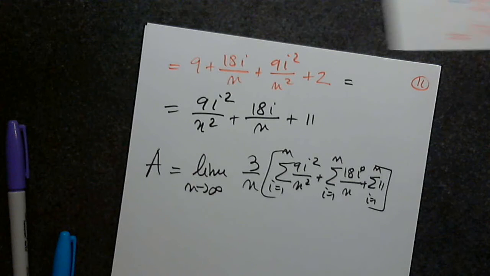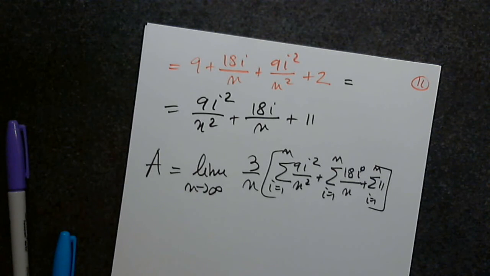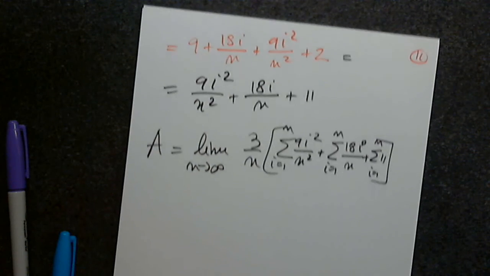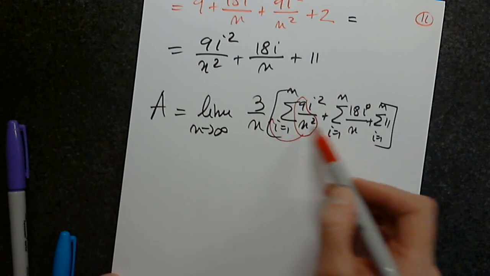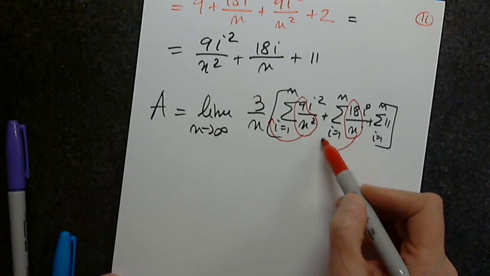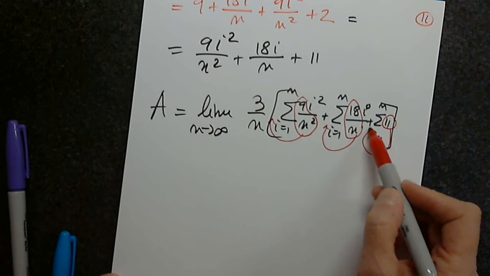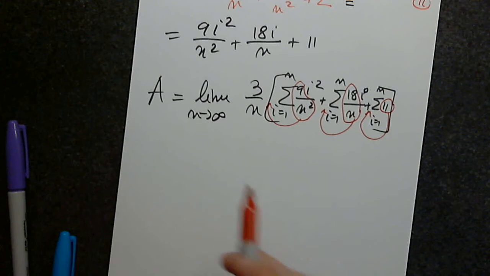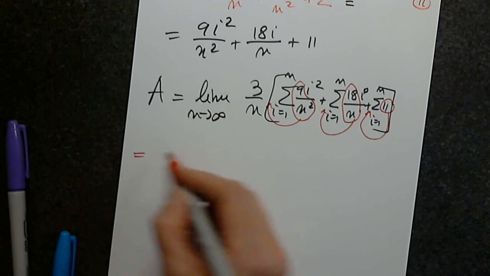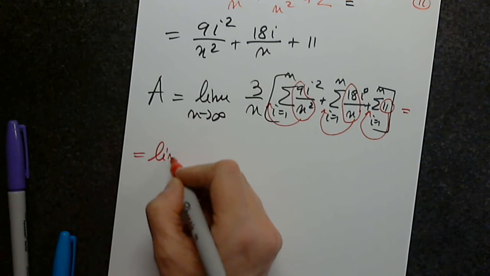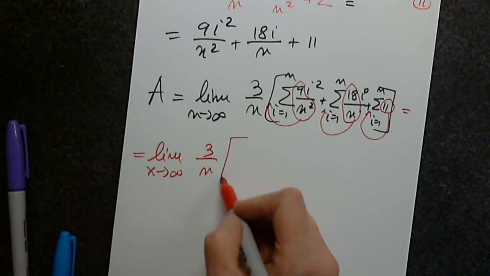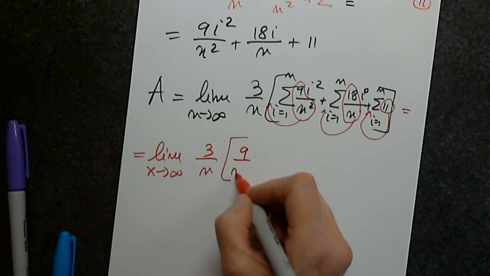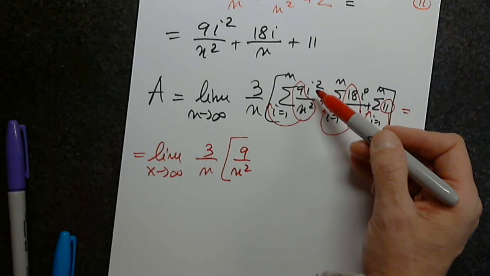Now I have to use another property of the sigma or summation notation, which again, we already used once. I take the constant in front, like we just did with delta x. So this equals the limit as n approaches infinity of 3 over n, 9 over n squared, the sum of i squared.